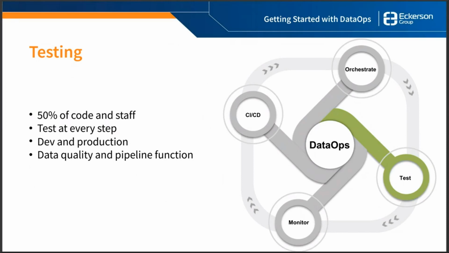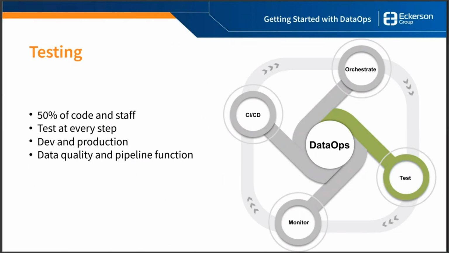And then you also want to have tests both during development and production. Your tests during development are a little bit more intuitive, right? You want to make sure your code works, that your data is doing what it's supposed to be doing. And then in production, this is to make sure it continues to do so. Unlike software code, where once you release it, it's doing its thing out in the world, in the data environment, we put code out, we've built our data pipeline, but then data is flowing through it.